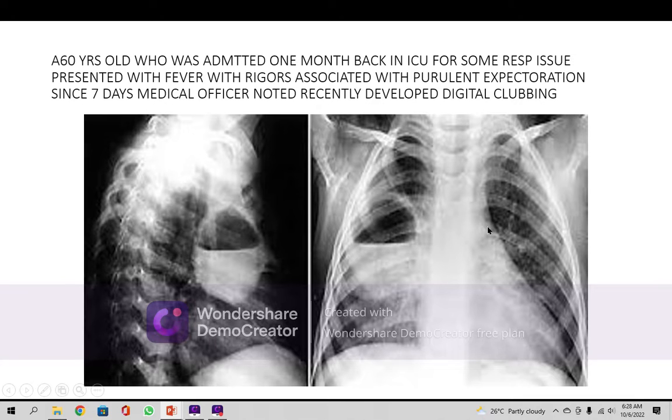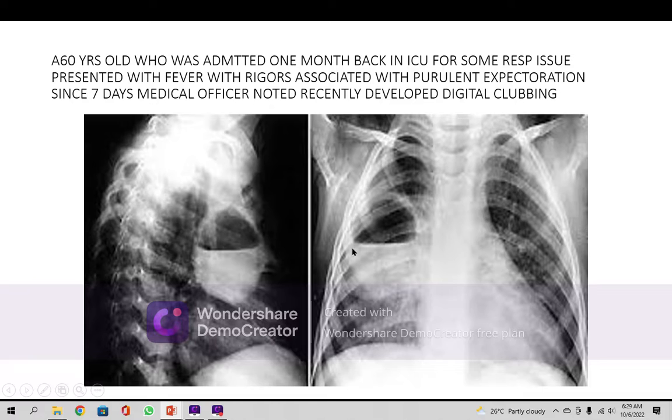Now by interpreting these X-rays, very clear things: the trachea was central, associated with pathology in the lungs. The pathology lies in the right side, in the right middle zone.